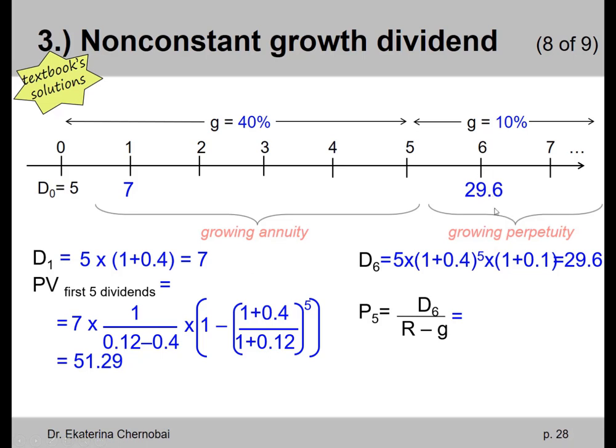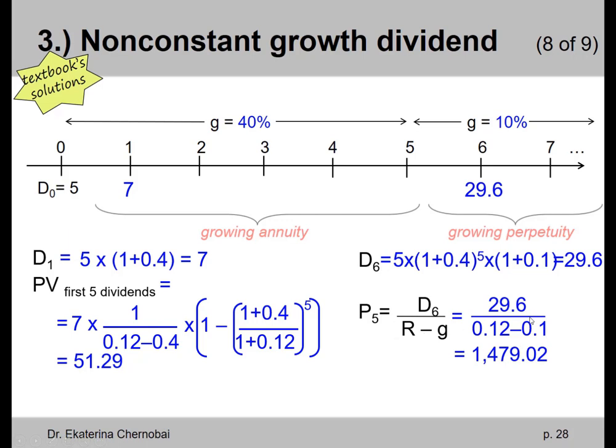But okay, let's continue and see how the book completes the explanations of the solutions. So growing perpetuity, year 6 dividend is 29.6. This is what goes into the present value of this growing perpetuity formula. So 29.6 is then divided by 0.12 minus 0.1.